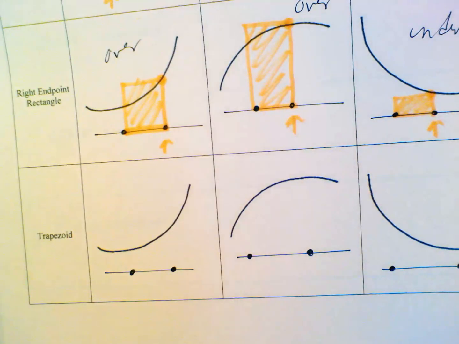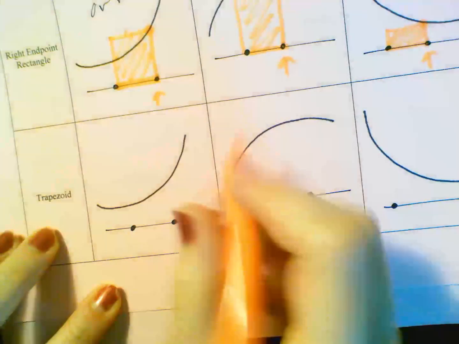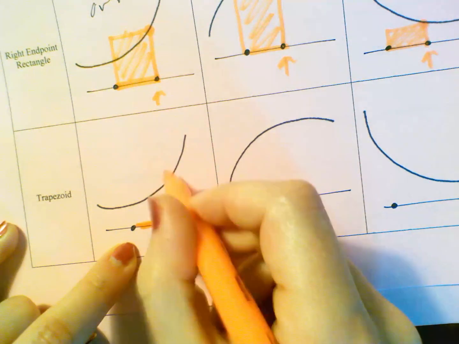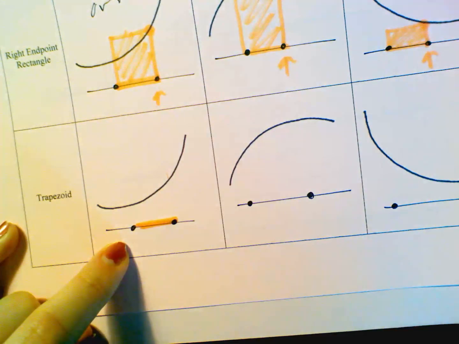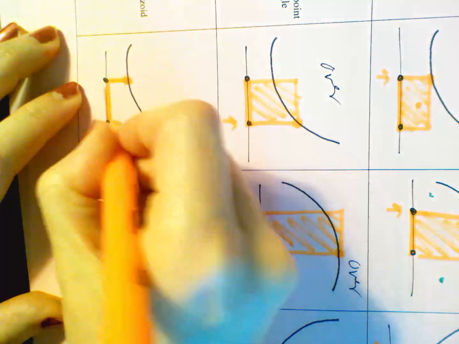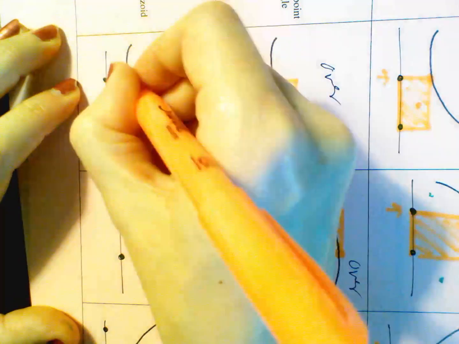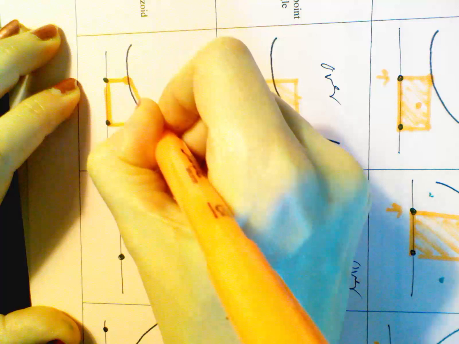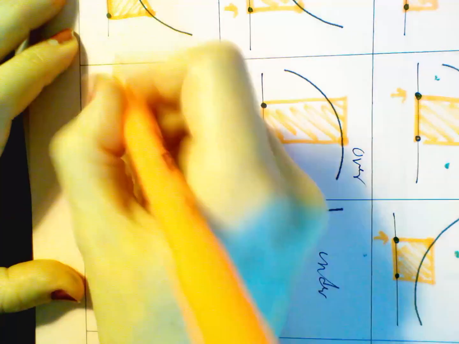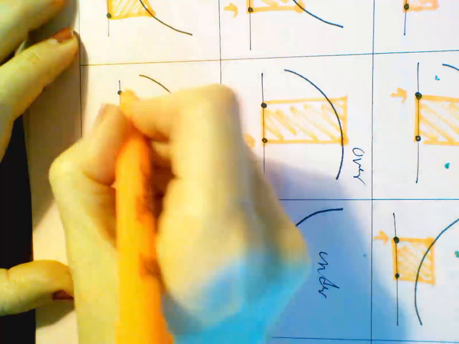Okay, now trapezoid. So for a trapezoid, I use both of these endpoints to go up to the graph, and that gives you the bases. All right, so trapezoid. So up to the graph, connect. There's the height.